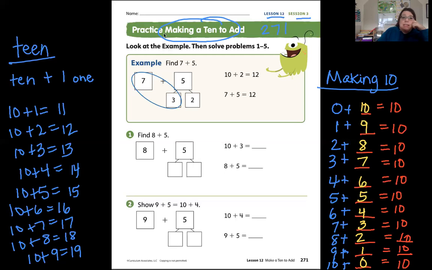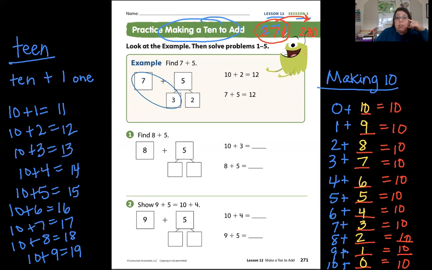Here it says, practice making a 10 to add. Look at the example, then solve problems 1 through 5. And again, we're on page 271. If we're on page 271, how many more would we need to get to page 280?